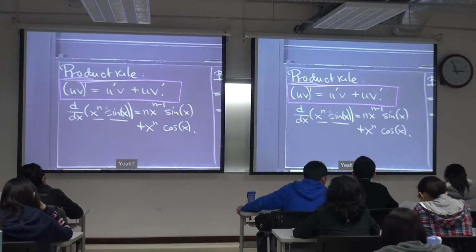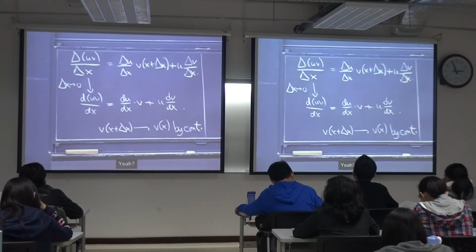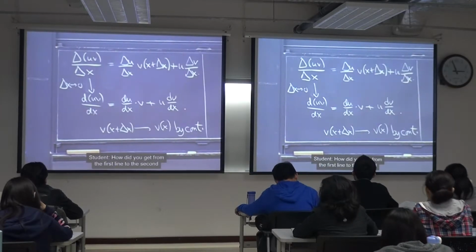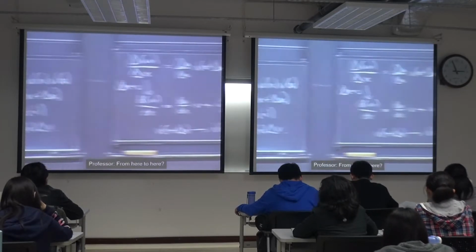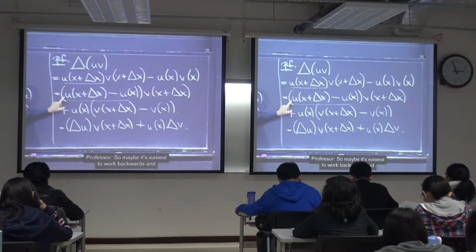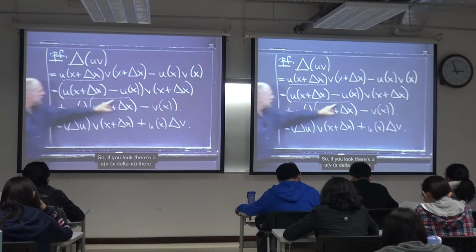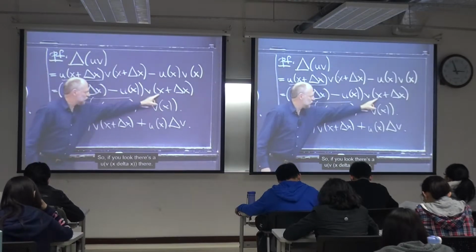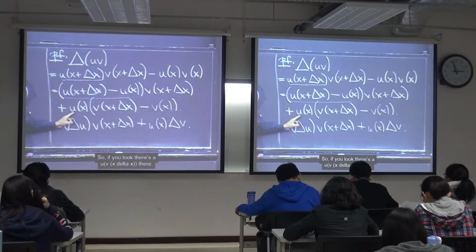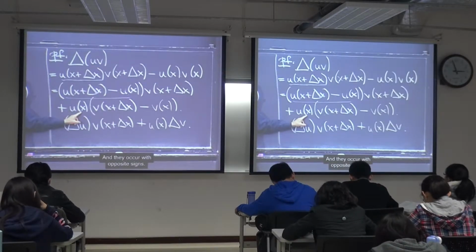Let me work backwards and verify that what I wrote down is correct here. So if you look, there's a u times v of x plus delta x there, and there's also one here. And they occur with opposite signs.